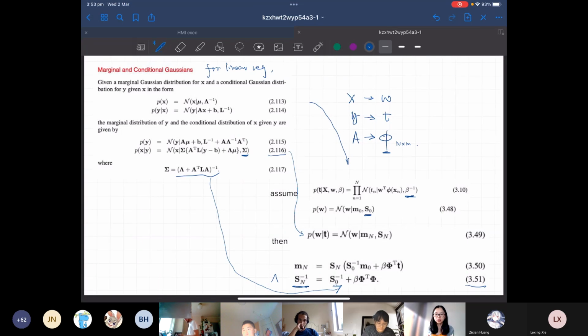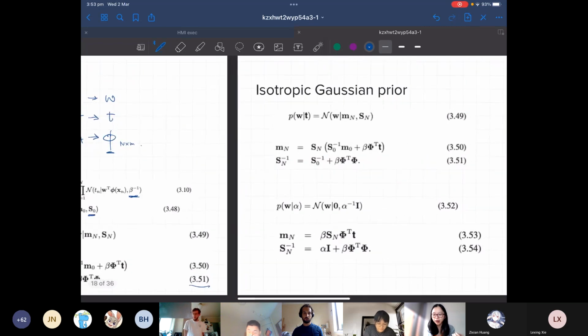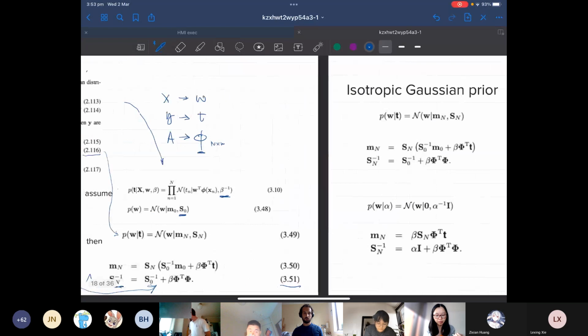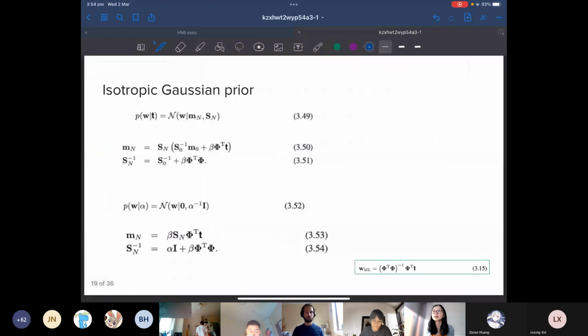If not, this is pretty much the main result of Bayesian regression. If we try and make sense of this, I have copied this equation there. So let's try and interpret this intuitively.